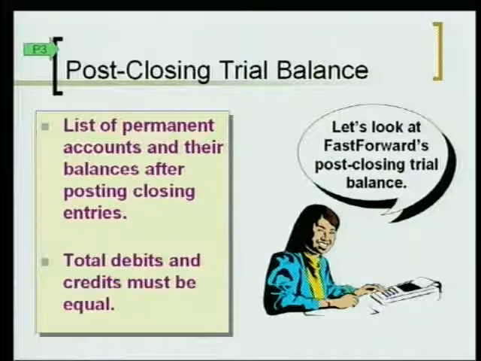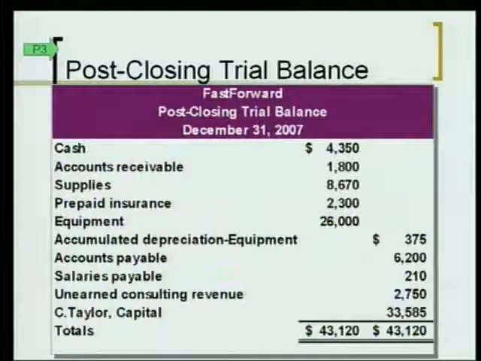A post-closing trial balance is after we do the closing entries, and it is simply a list of all the permanent accounts and their balances after we post those closing entries. The total debits have to equal the total credits. And what is that going to look like? That is going to look like this for the example in your PowerPoints.